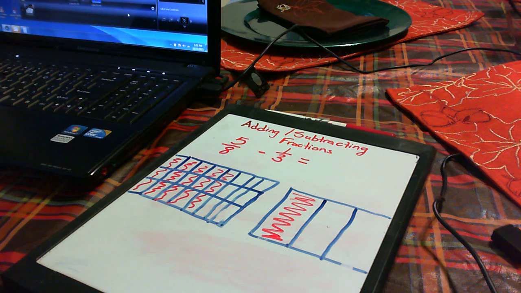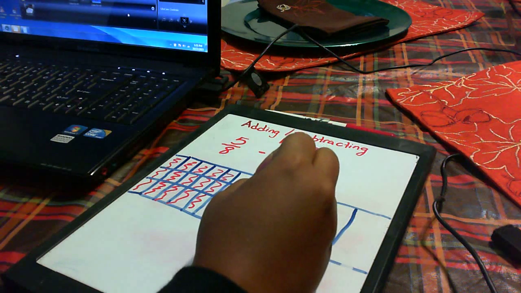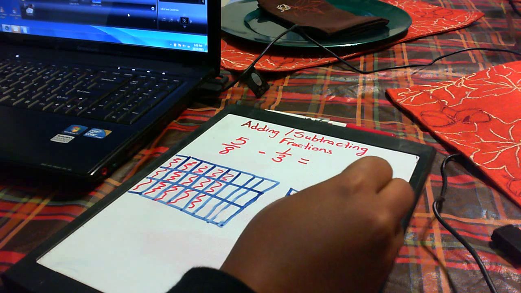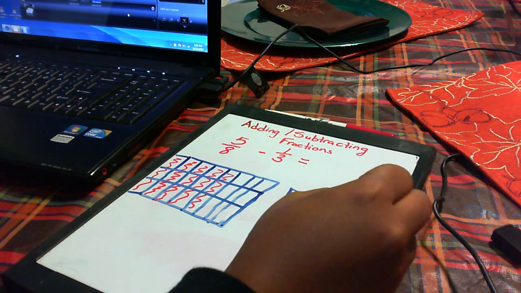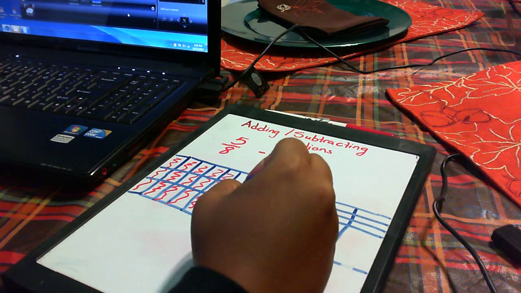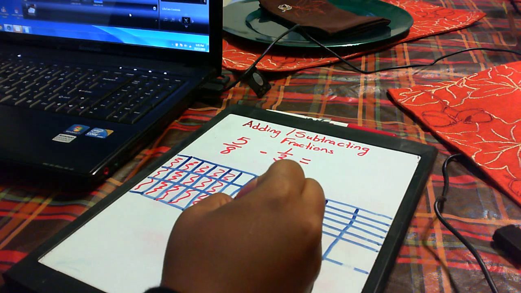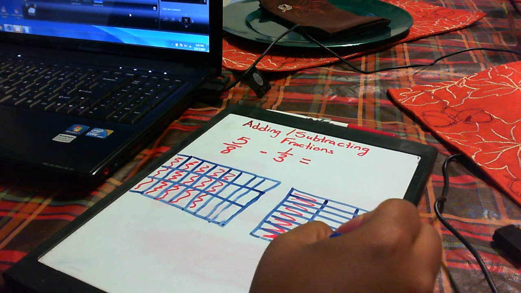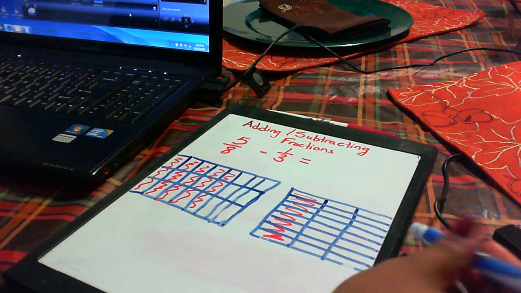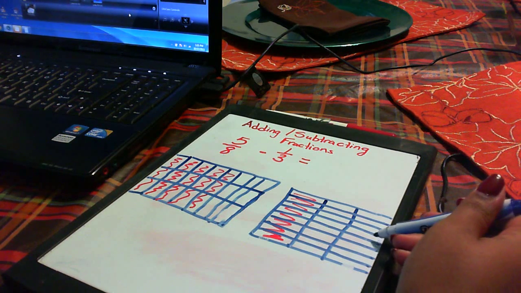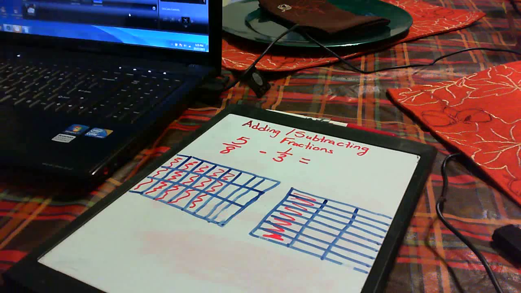Now we need to go to the next box. How many lines or how many pieces do I need so that we have the same number of pieces on both sides? That's right, 8. Again, it doesn't have to be perfect, but you want to draw 8. 1, 2, 3, 4, 5, 6, 7, 8.